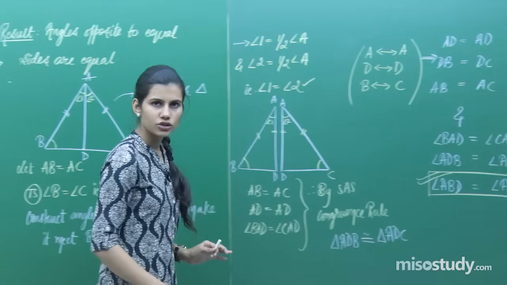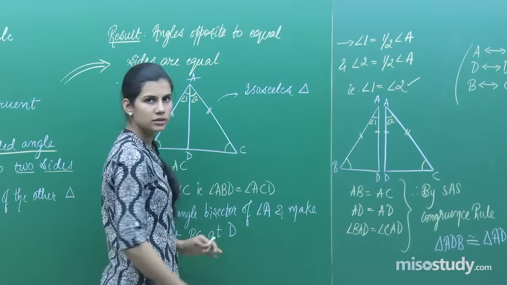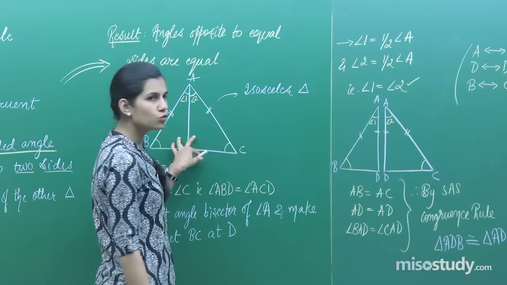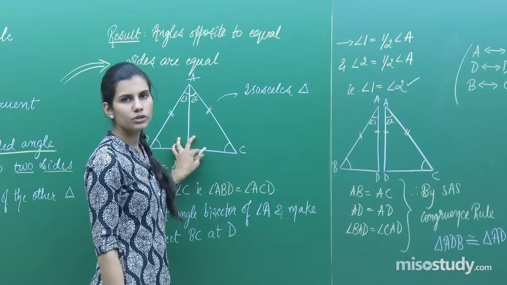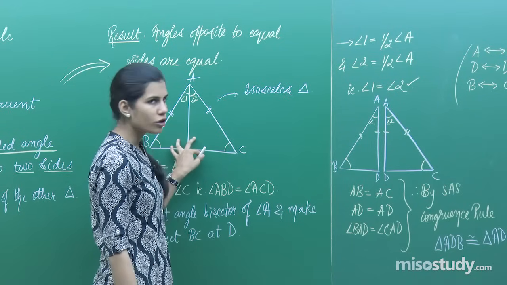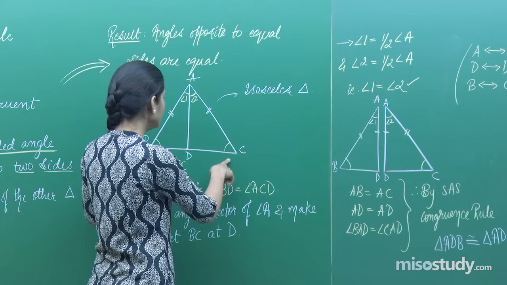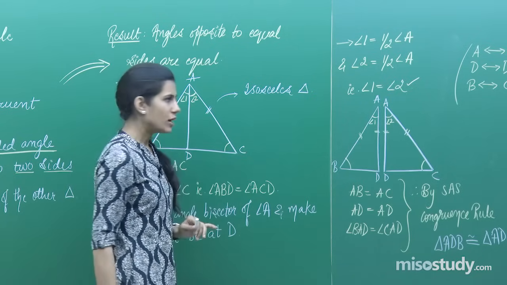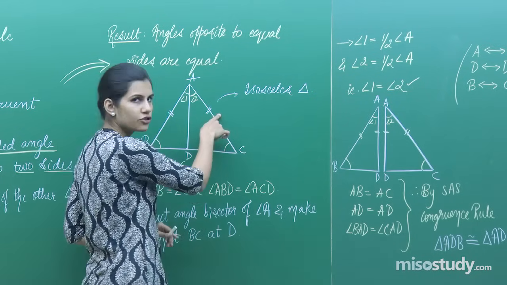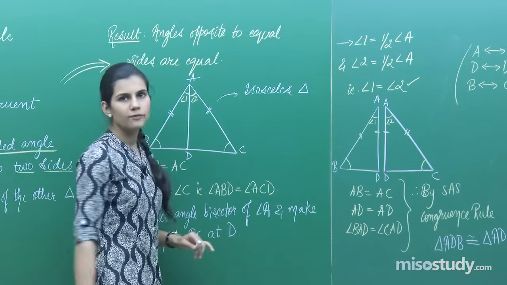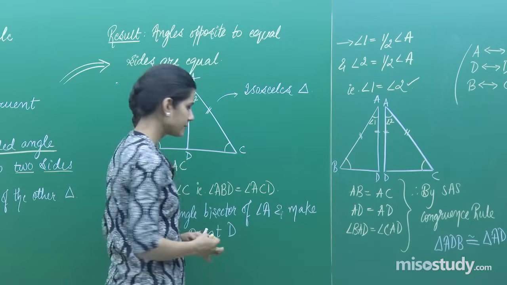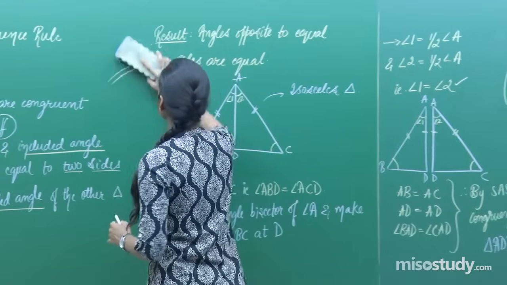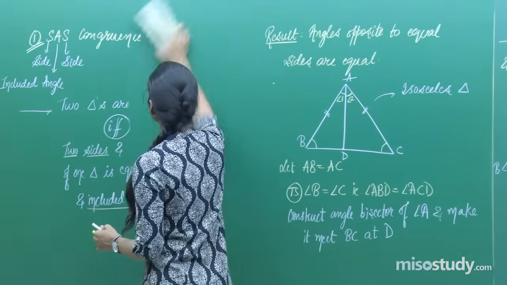So there was an artificial construction made in order to get two triangles and then use the SAS congruence rule to make them congruent, as a result of which I got two angles equal. So I have proved that if two sides are equal in a triangle, then the angles opposite to them will also be equal. After this result, let's talk about a small easy peasy question.